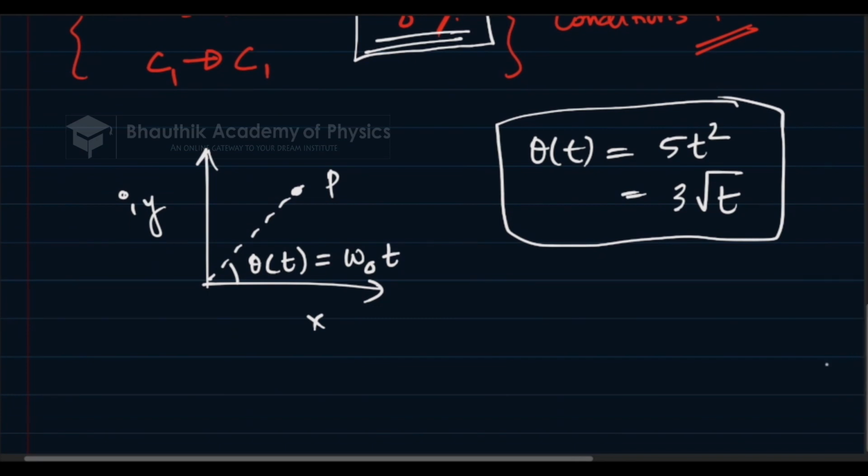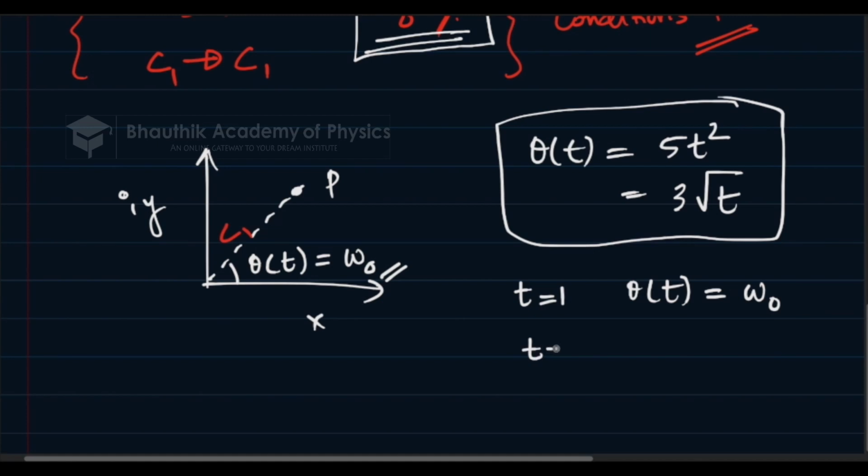Now coming back to the main problem, we want to know how this point is going to move. We know that the length c1 is not going to change, but the angle theta of t is going to change. So if t is equal to 1, my theta of t is equal to omega 0, which is what I have written over here. This is my initial time.